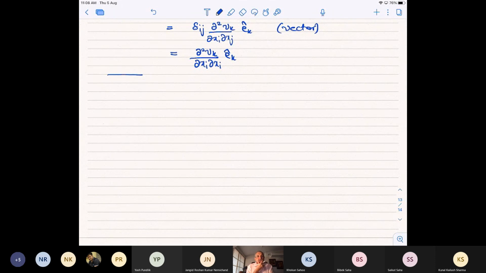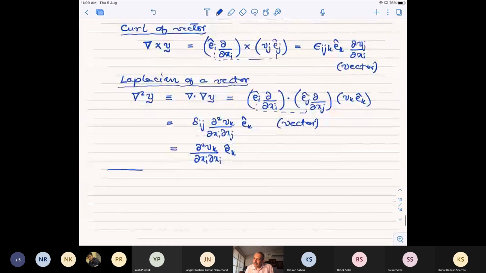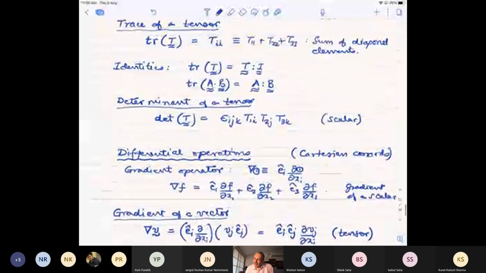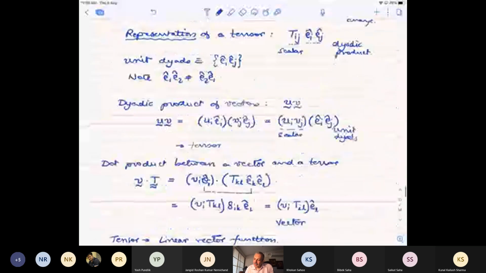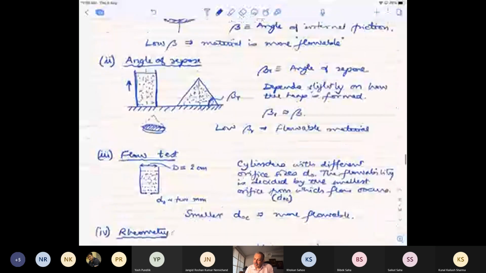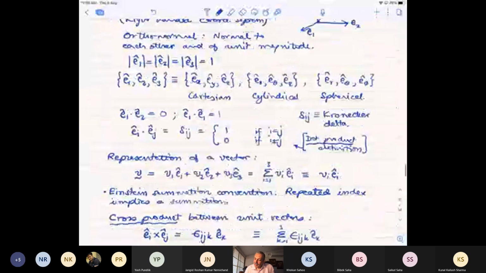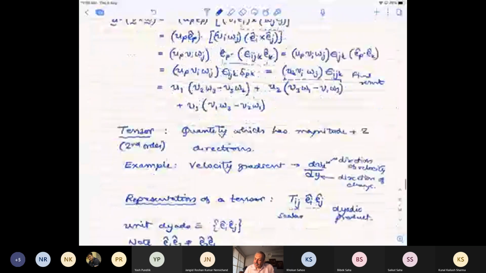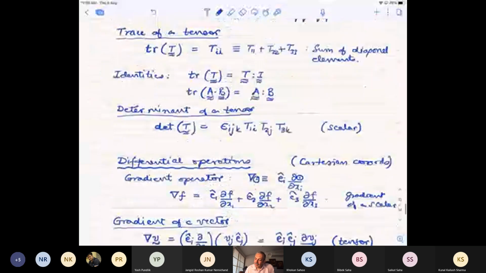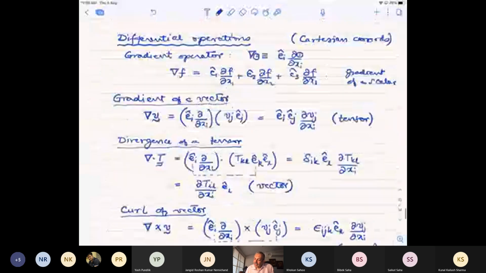So that's just a brief summary of operations related to, you can say, the calculus, the derivatives. But one thing that I left out was what happens if you want to deal with cylindrical coordinates. Everything that we did before, all the vector operations and tensor operations, are all valid.